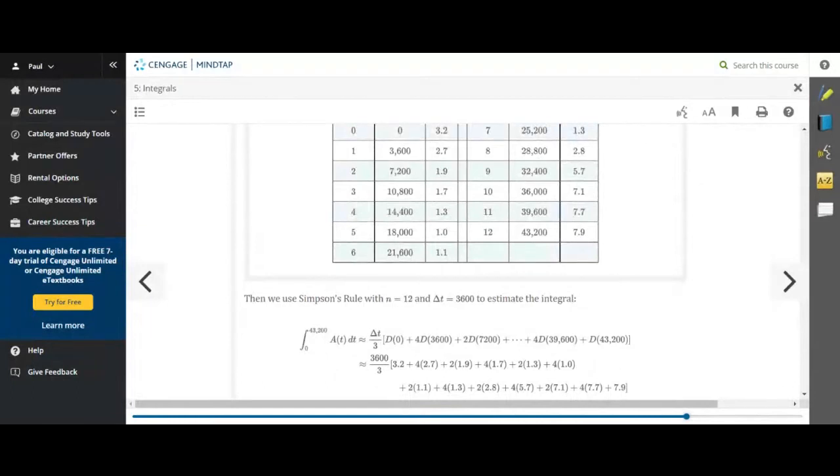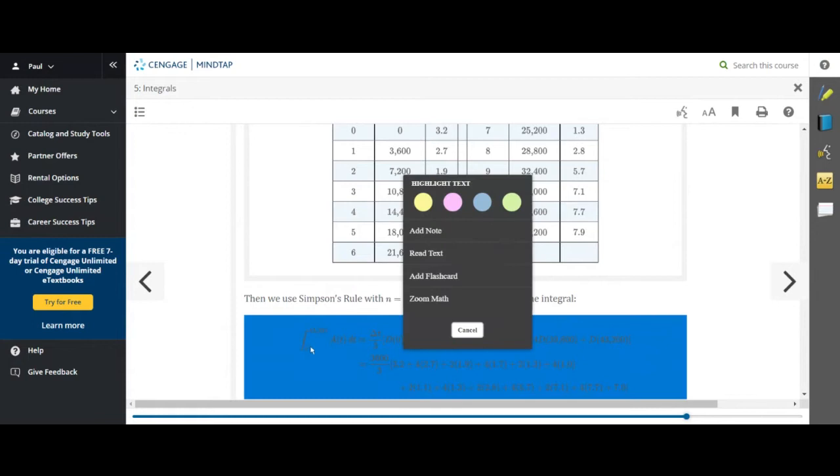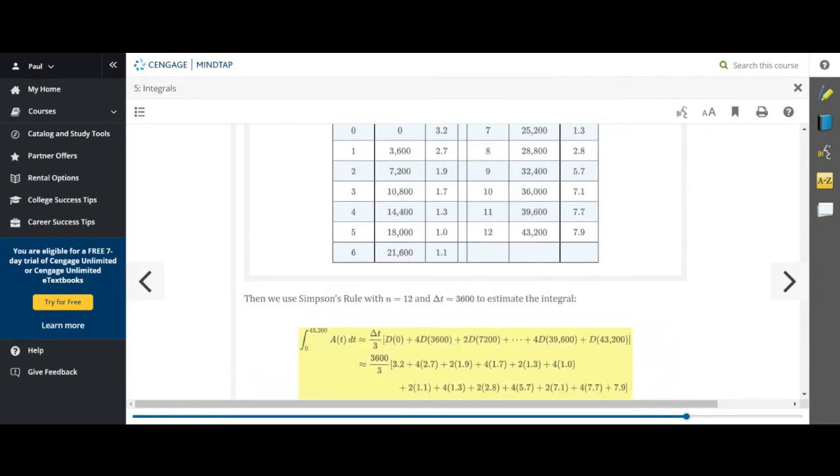There we go. It's all there, everything you need. I've highlighted the formula, and remember, you can use your Zoom link on the right of your screen to make that a little bigger if you need to. Are there any questions about how they're plugging numbers into the formula?